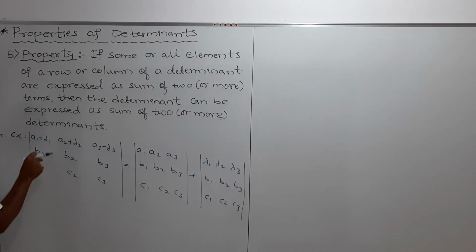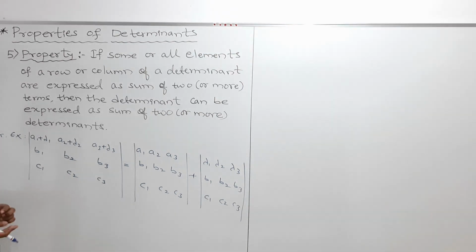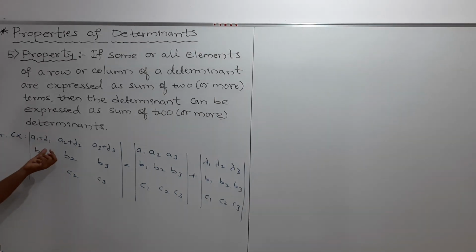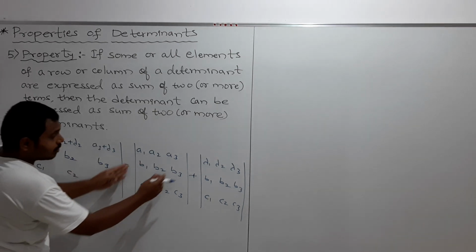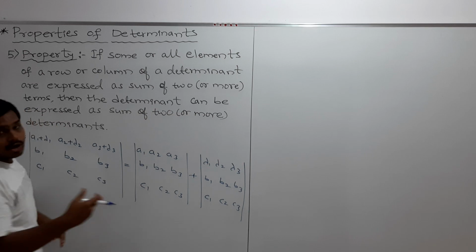In this particular example, all the elements of the first row are the sum of two terms. It may be two terms or it may be more terms, but as of now I took this example. Clear? Then this determinant can be expressed as the sum of two or more determinants.